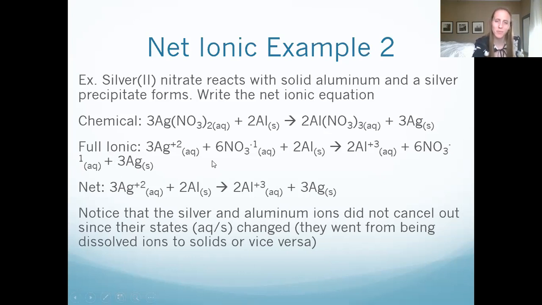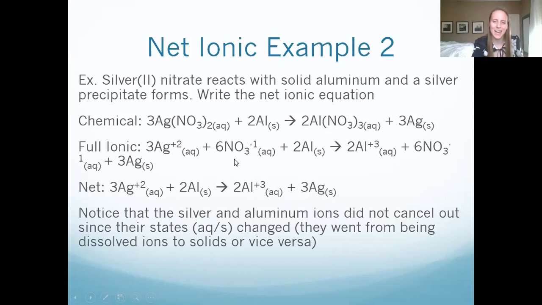So when I'm then looking for my spectator ions, I have a silver ion on one side and a hunk of silver on the other side. Even though they're both silver, they don't cancel out because only one of them is an ion. I also have 6 nitrate ions on both sides. Those will cancel out. And then I have a hunk of aluminum and an aluminum ion. Again, one is a solid, one is an ion. They don't cancel out.